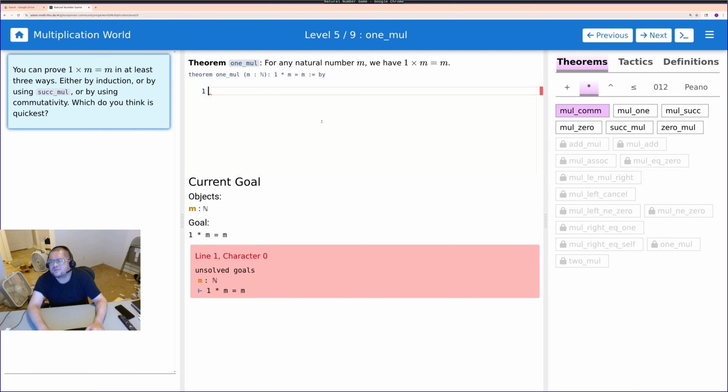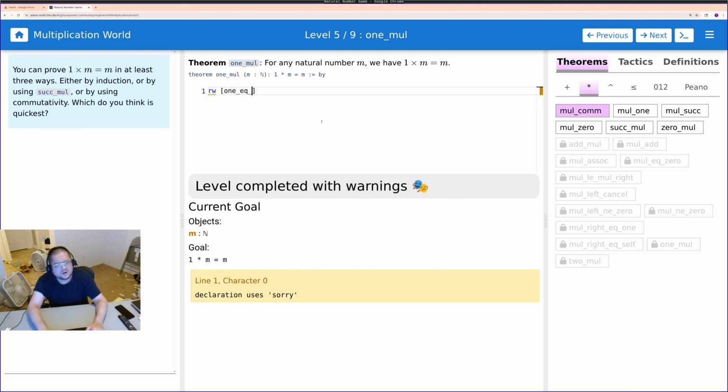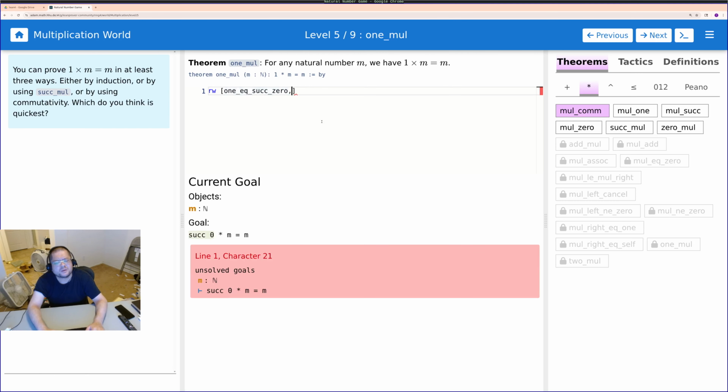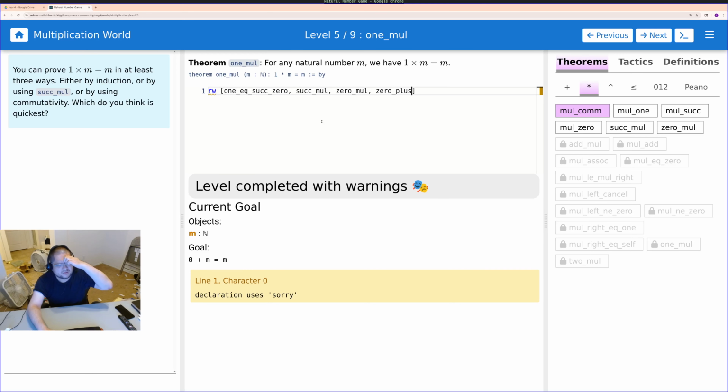We have multiplied by one, multiplied by successor, successor multiply, zero multiply. I think that's what we should do. Rewrite one equal successor zero. And then we're going to do successor multiply. And then we're going to do zero multiply. And zero plus. Zero add.